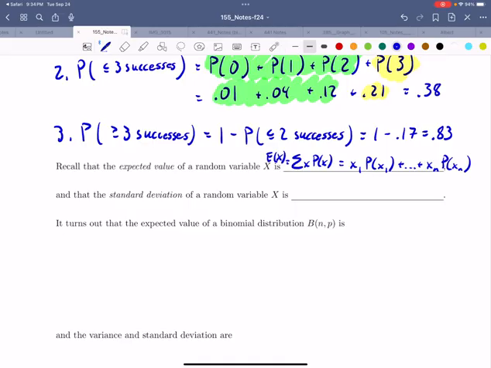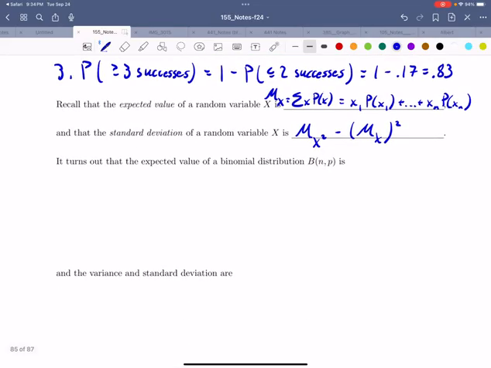I never use that term. We denote it as mu x, right? So the standard deviation winds up being the square root of the expected value of x squared minus mu of x squared. That's the way it works, right?